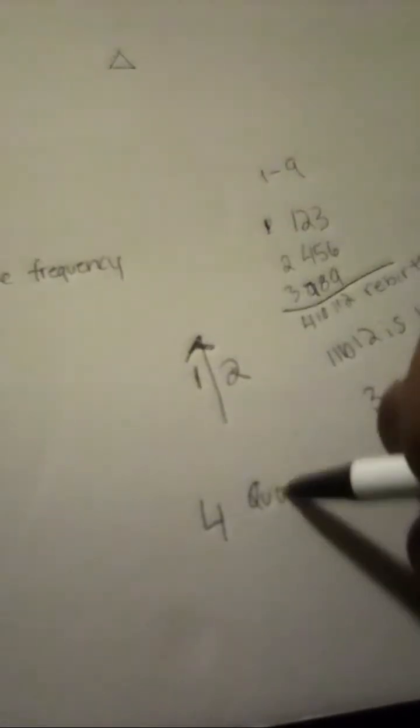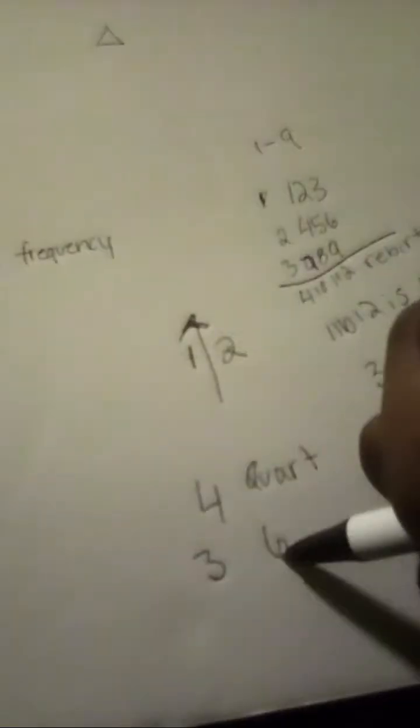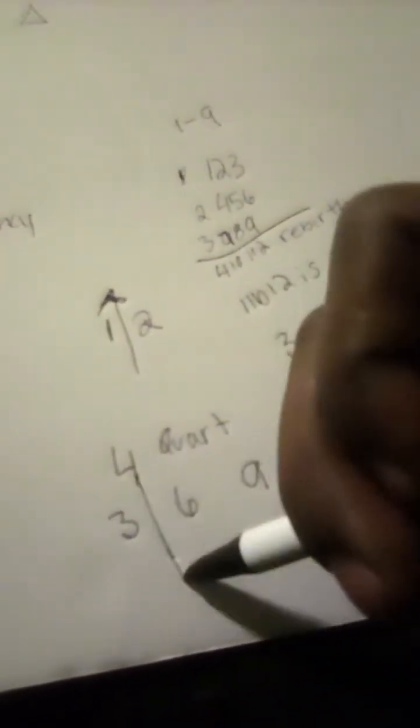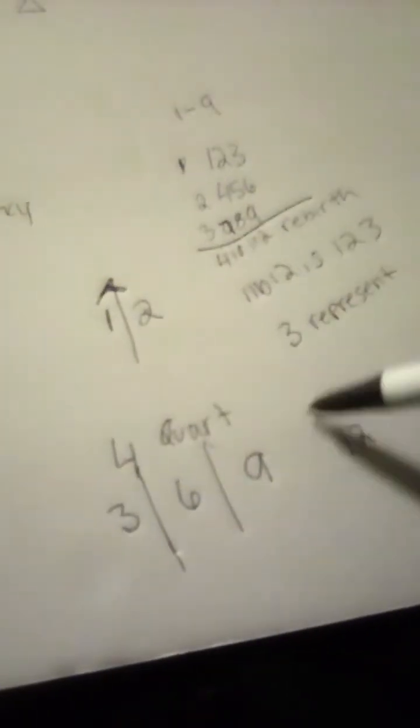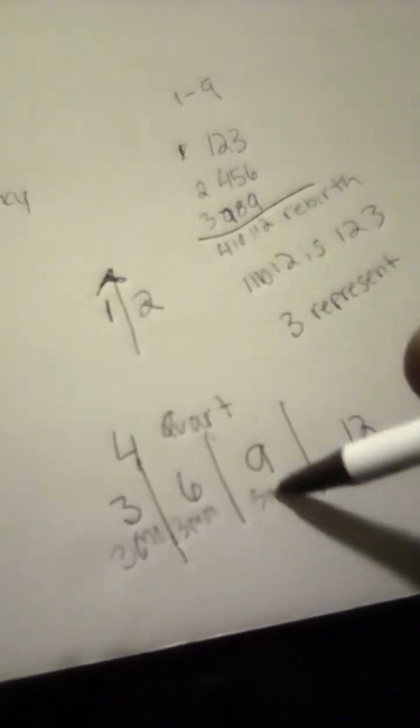So 4 quarters is 3, 6, 9, 12 because it's 1, 2, 3. So you have your 3 months, then another 3 months, then another 3 months, then another 3 months.